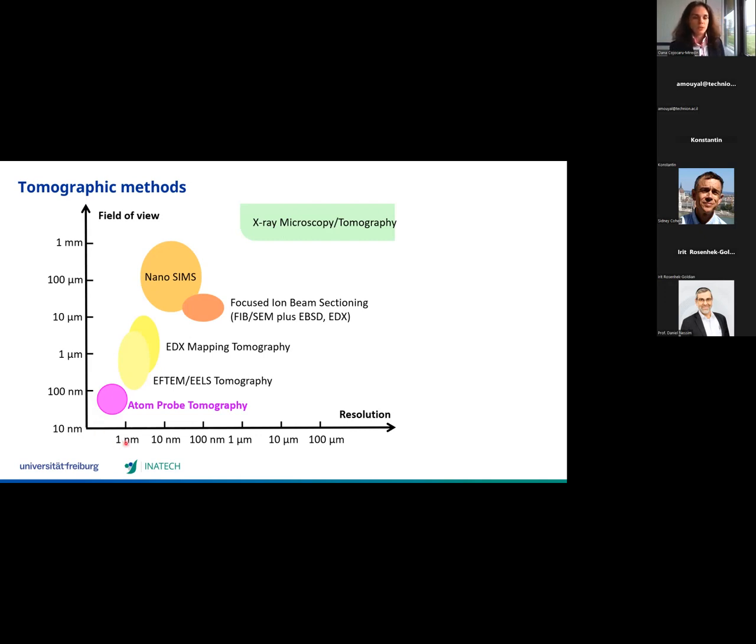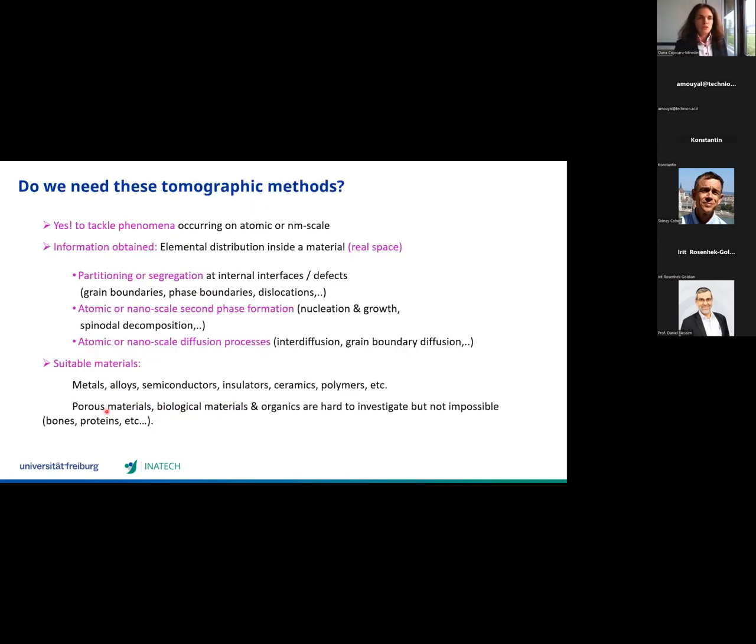And then we look now here, the atom probe tomography has the lowest field of view, but the highest resolution. So it means that basically with the atom probe tomography, we would be able to probe all structures which happen at the nanometer level. So this is the biggest advantage of the atom probe, but of course the field of view is reduced and it's not bigger than 100 nanometer.